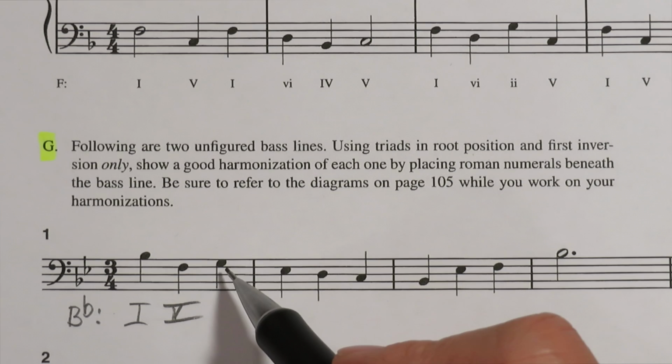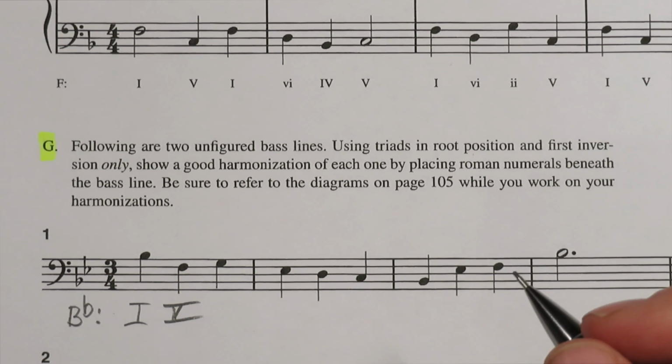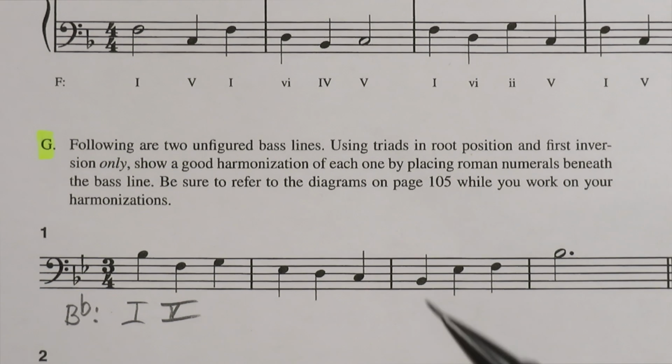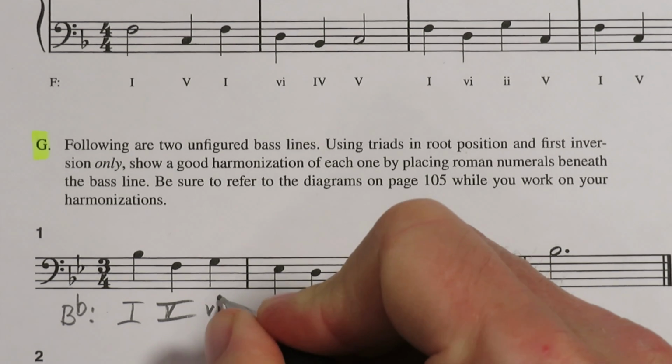So it'd be like E flat major in first inversion. But that'd be going 5 to 4, and that doesn't really work. That's kind of like a retrogression. So why don't we just go to the 6, do the deceptive movement.